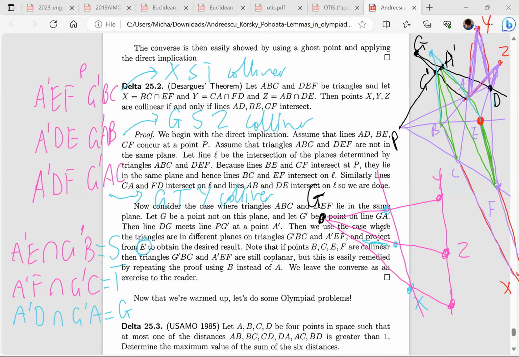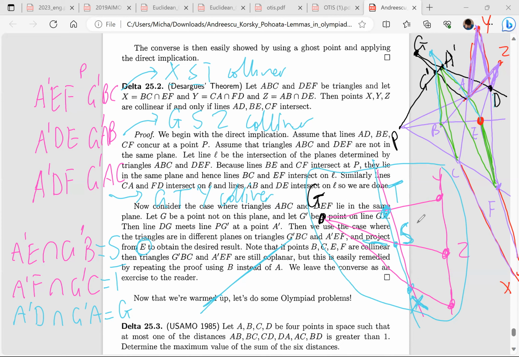So what does it mean for it to be collinear? X, S, T lie on a line. If we project, what are we doing? We take a line here: this is X, this is T, and this is S. We're projecting this line from G onto the purple plane. The projection of a line onto a plane is still a line.